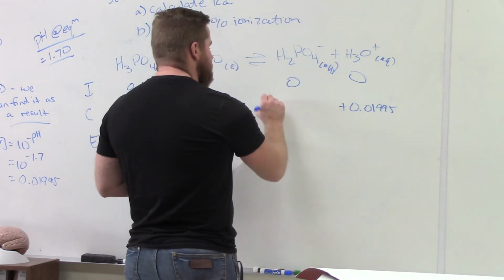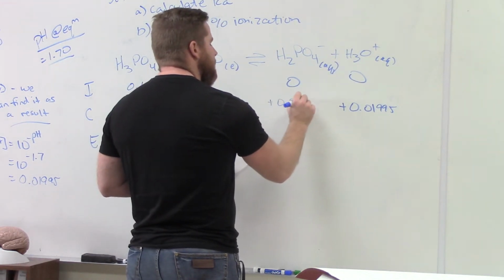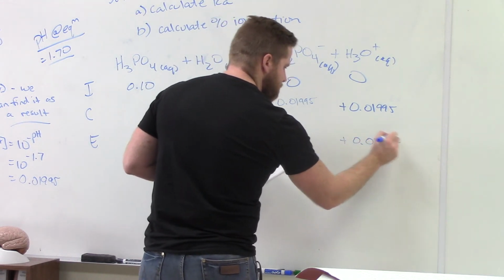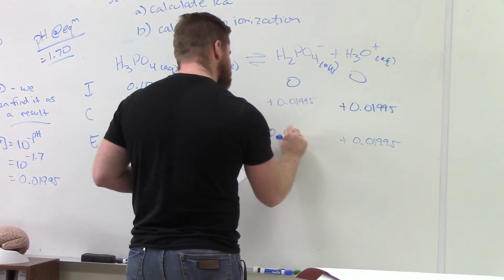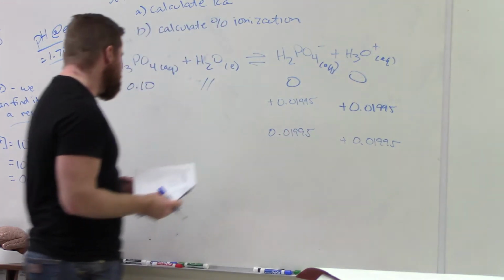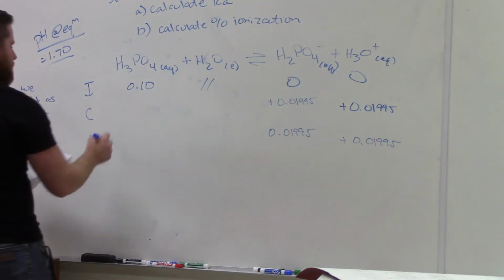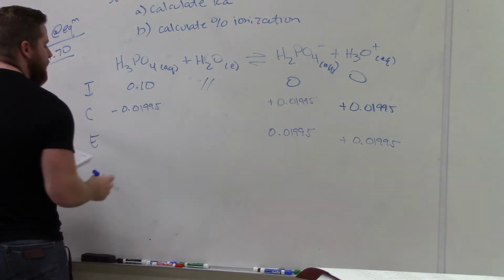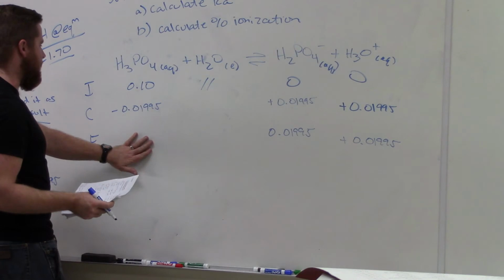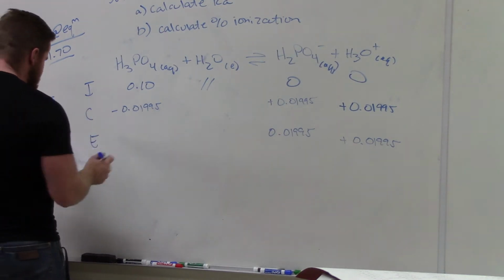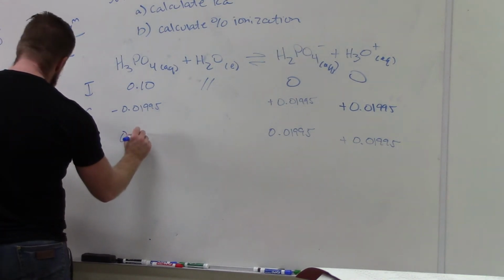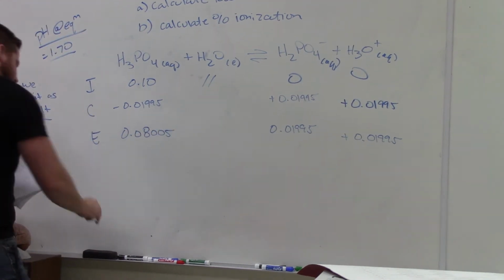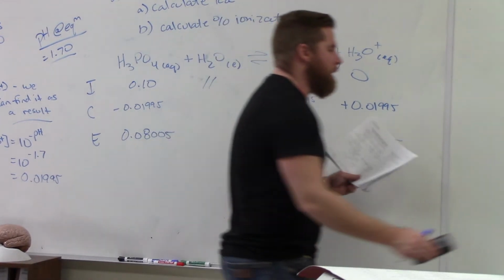So this is also going to be 0.01995. And because this is a 1-to-1 mole ratio, this is going to decrease by a factor of 0.01995. And so at equilibrium, it's the initial minus the change. And that's 0.08005.